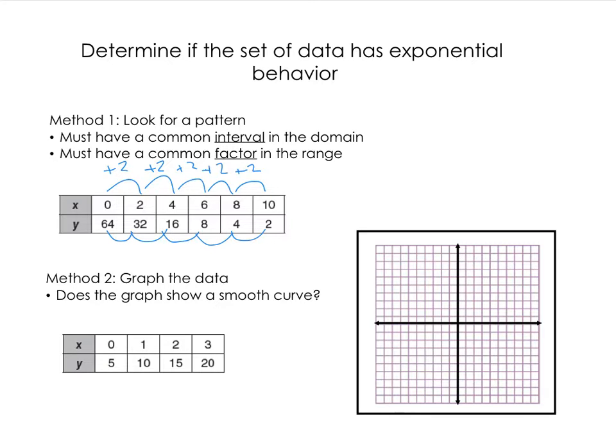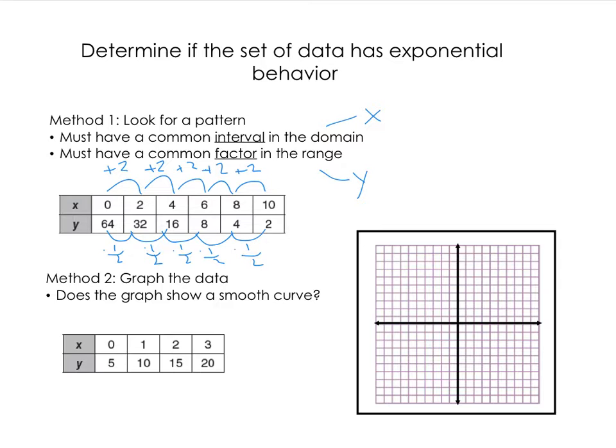And again, that will help us down the road. So instead of dividing by 2, I'm going to say multiply by 1/2. And that happens between all of these successive terms. We're multiplying by 1/2, right? We're cutting the number in half. So just because we have a common interval in the domain for the x's, and we have a common factor in the range for the y's, this would show exponential behavior.